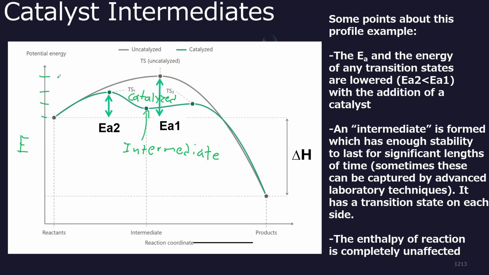Sometimes we can even capture those intermediates with advanced laboratory techniques. If you manage to do that, that's really good proof that you understand the mechanism by which this catalyst is acting. That intermediate has a transition state on both sides, TS1 and TS2, those humps on each side.